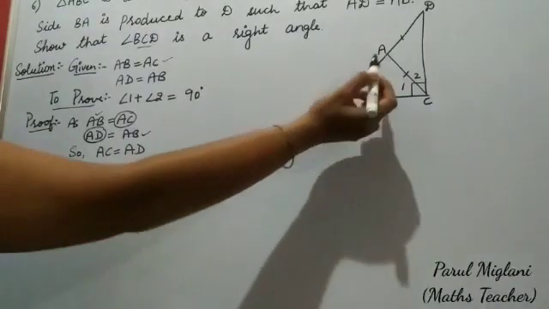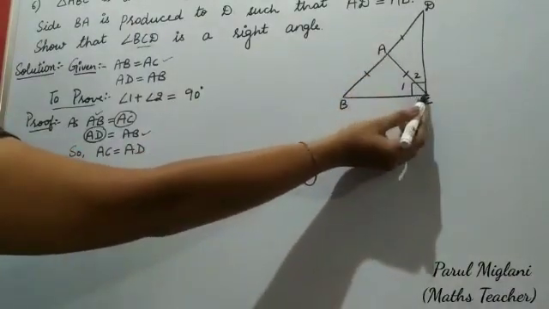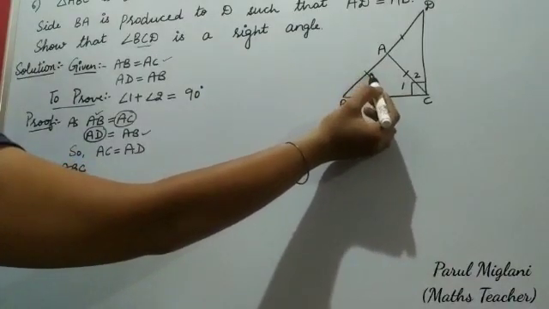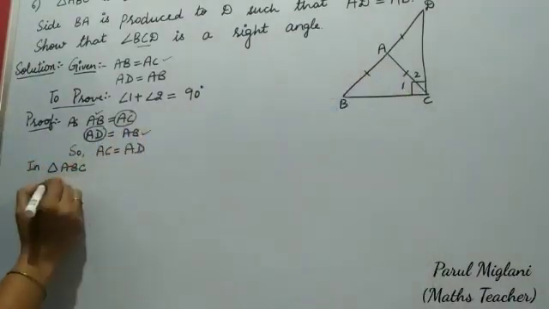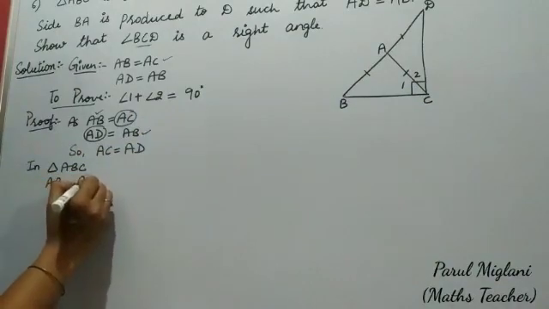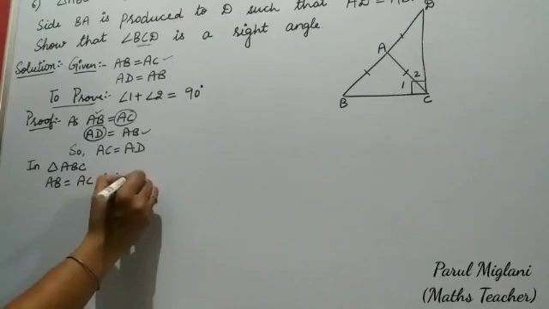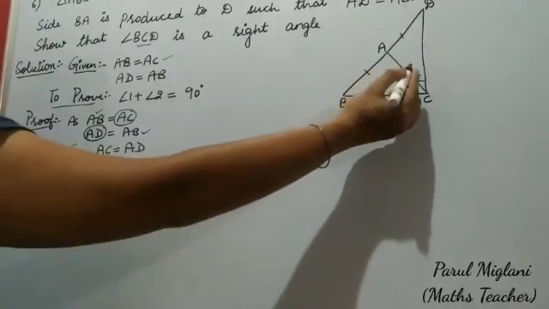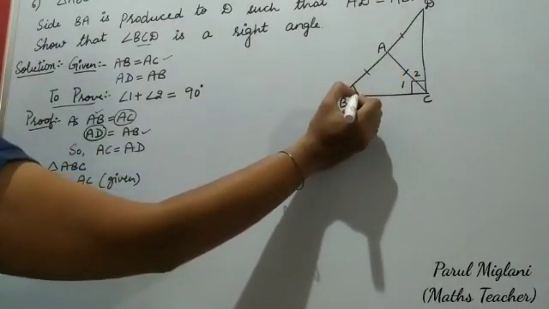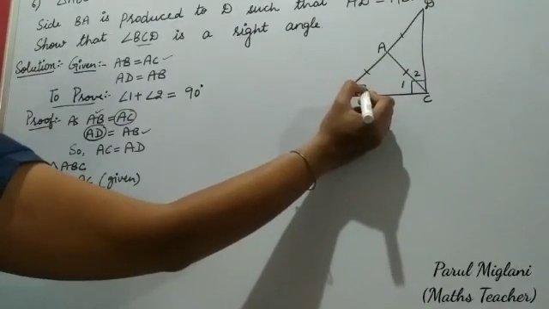ABC, as it is given that AB is equal to AC, if these two sides are equal, then we can say that these two angles are equal. Now suppose this angle be 3.